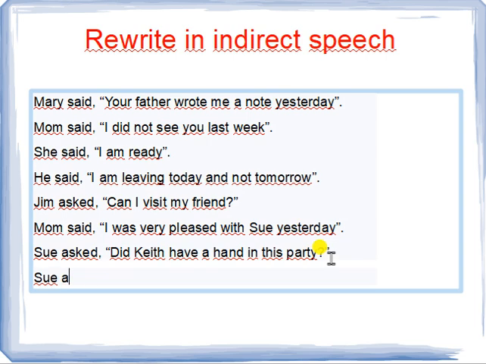Sue asked whether Keith had had a hand. Bit awkward, the had a hand in that party.